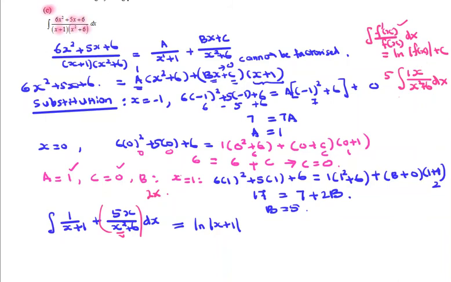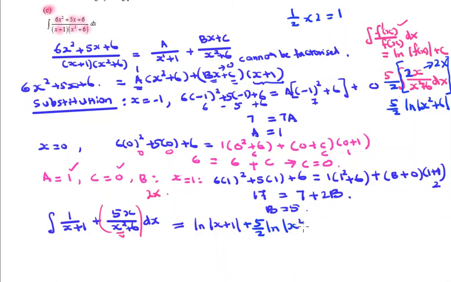That means at the top we have to form 2x, as the derivative of x squared is 2x. So we add 2 here, but at the same time we divide by 2, so that 1 over 2 times 2 is always equal to 1. Therefore, this part is equal to ln f x, where f x is x squared plus 6, times 5 over 2. It is 5 over 2 ln of x squared plus 6.